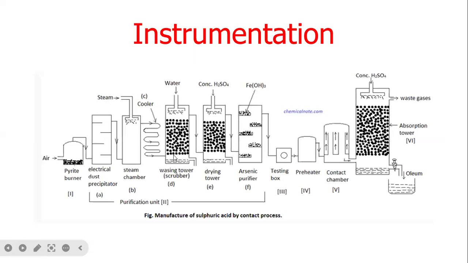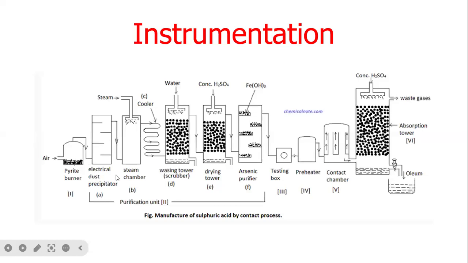Instrumentation. This is the instrumentation of the manufacture of sulfuric acid by the contact process. In the first step, air is passed into the pyrite burner, where the pyrite burns and produces sulfur dioxide, which passes into the electrical dust remover, where the dust is removed.